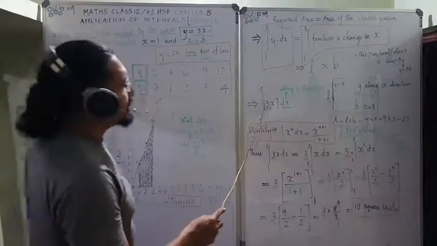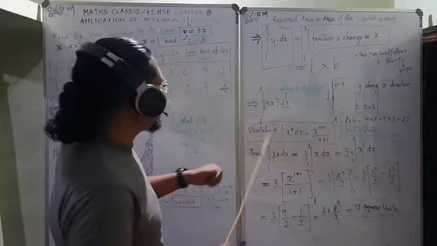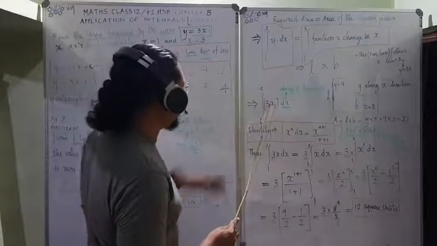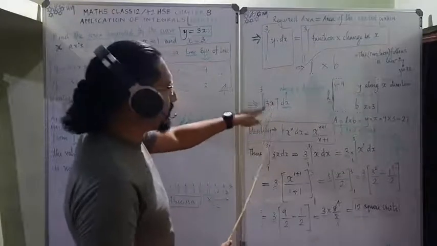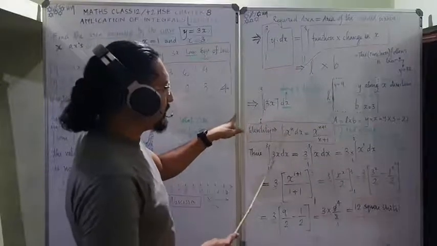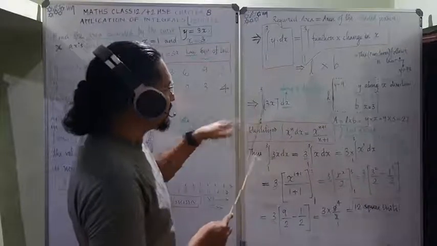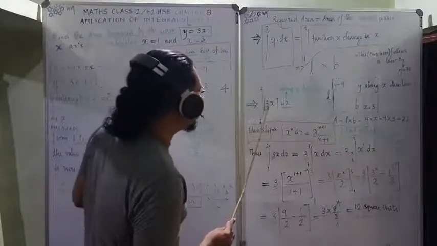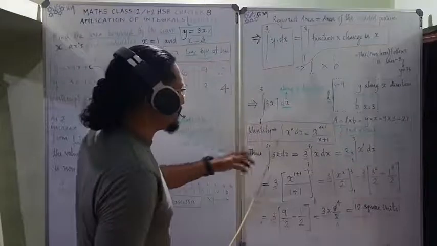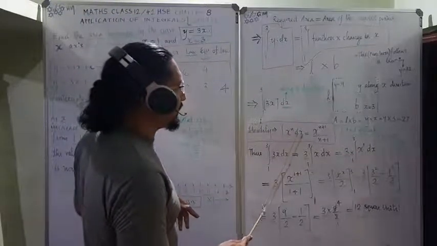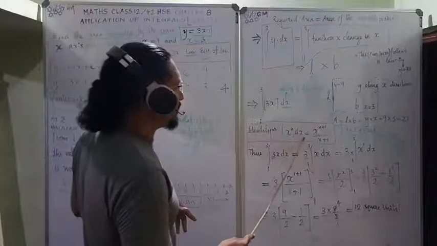Here there is something extra fitting in. What is this? This is a constant. If a constant is coming over here, take it out to make the expression match the identity. So when we substitute 3x in place of y, this 3 is a constant, so take the constant outside. This is a variable raised to n, along the direction of the variable.